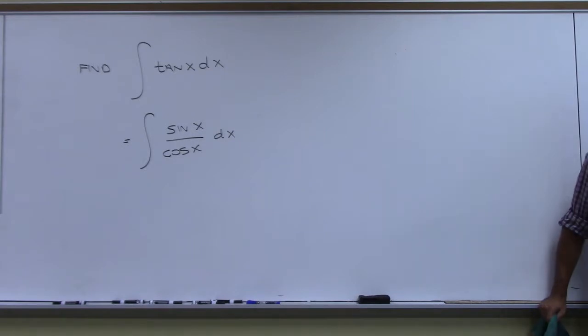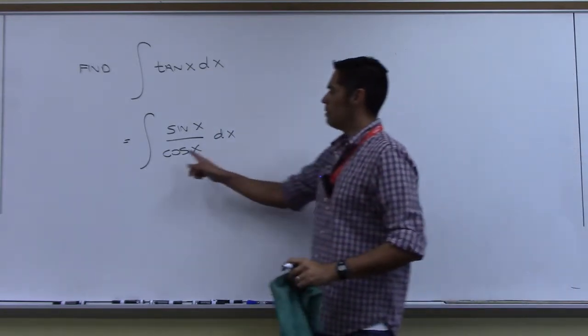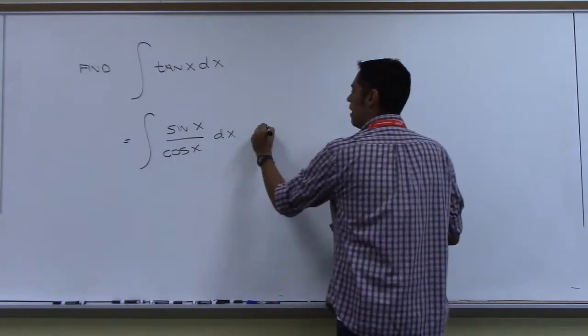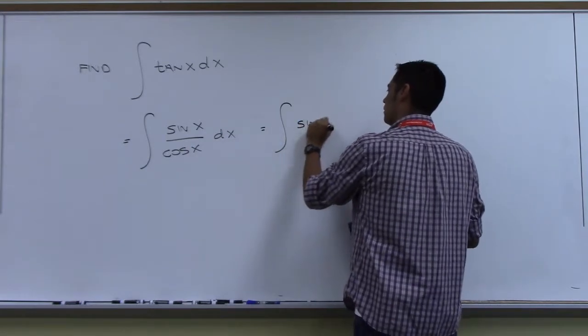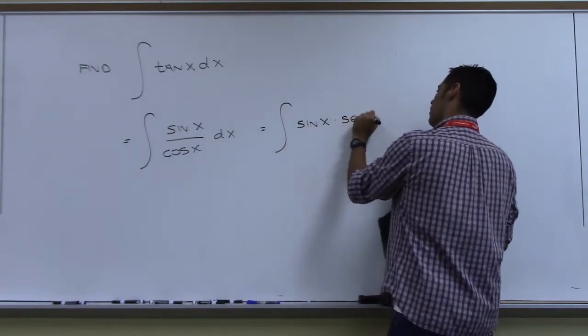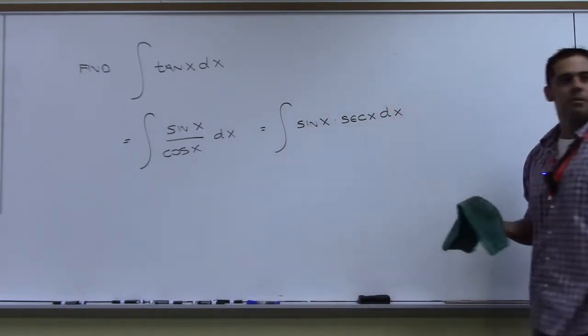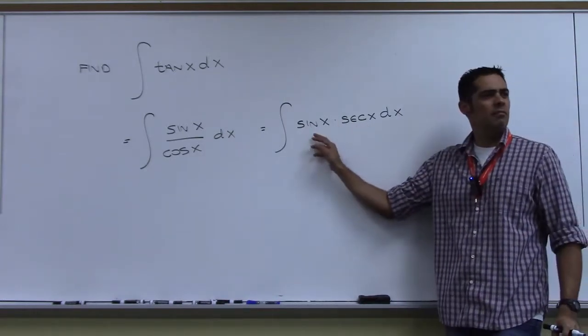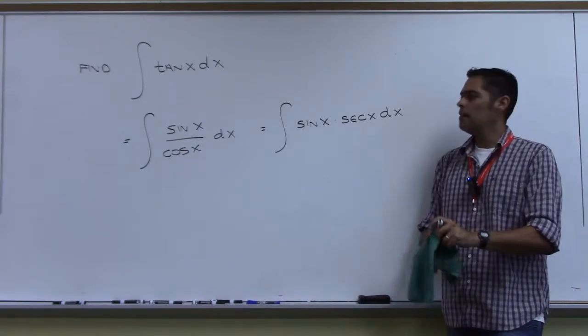Split the 1 over cosine x into secant x. You want to do sine x times secant x? I could do that. I'll write it down. That's true, I could do that. But this has secants and sine. It doesn't have secant and tangent, right?